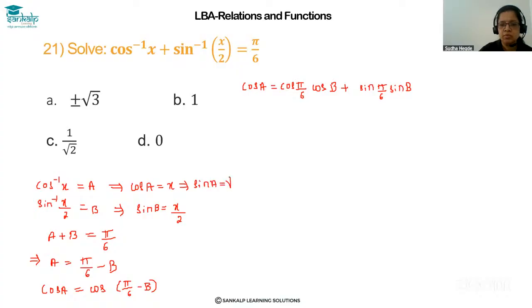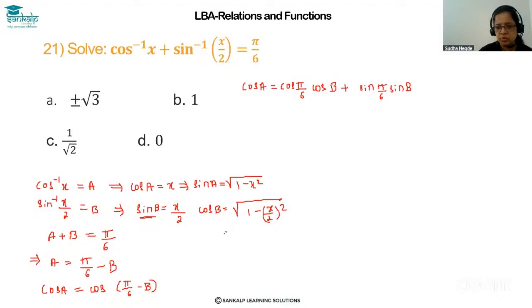Okay, so cos A is x, and from here this implies sin A is equal to square root of 1 minus x square, because sin A is equal to square root of 1 minus cos square. Similarly, you know sin B, so cos B is equal to square root of 1 minus x by 2 whole square.